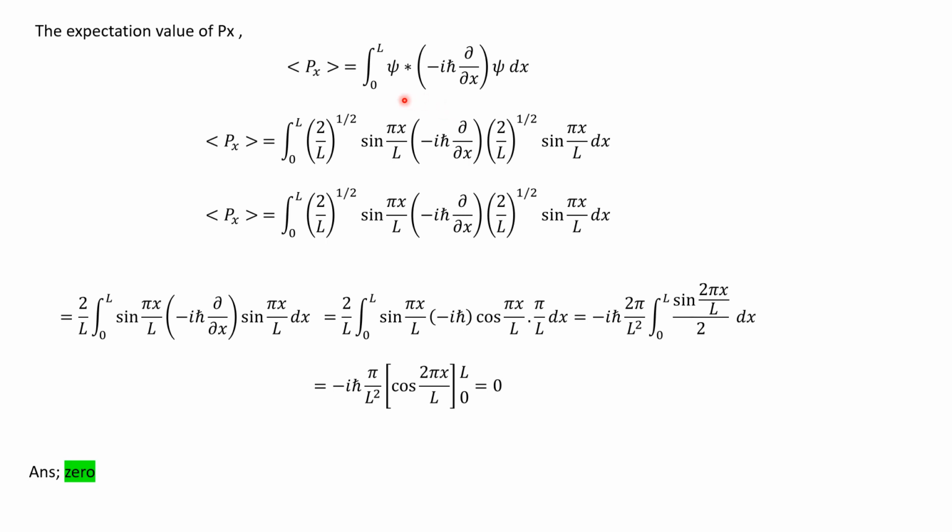So here we are only finding the value of the integration over 0 to L of psi star (minus i h cut, del by del x) psi dx. By putting the value of psi here, since this is a real function, psi and psi star have the same expression. And by integrating it, we find the final result is 0. So the expectation value of Px will be 0.